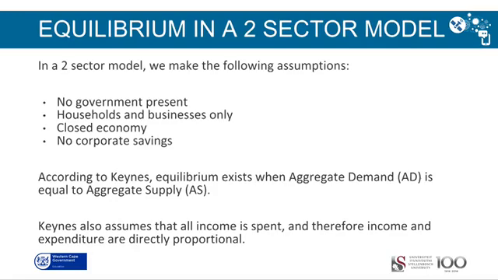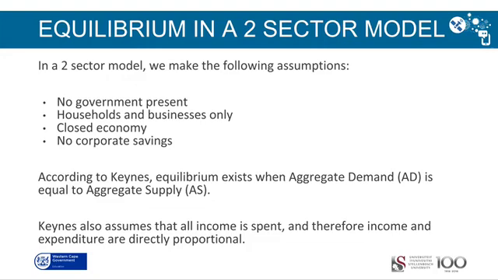We're looking at, first of all, the equilibrium in a two-sector model. When we speak about a two-sector model, we make the following assumption. There is no government present, there are only households and businesses, so because they're not interacting with anybody outside, they are known as a closed economy, with no corporate savings.